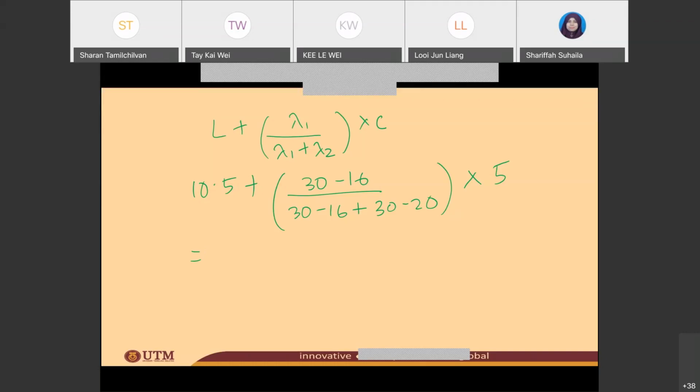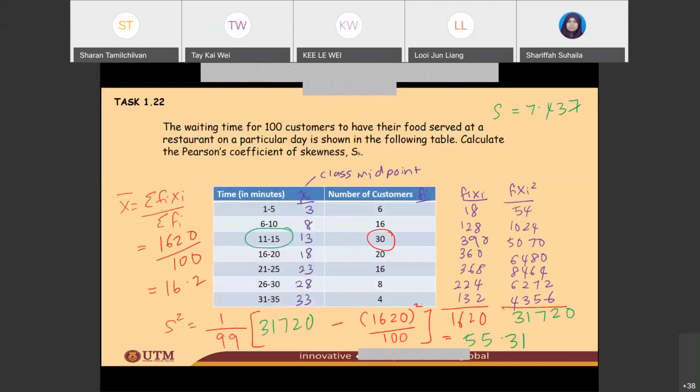Okay, do you get the answer? What is your value for your class mode? 13.42. Okay, your class mode is 13.42. Now we answer back the question. You want to calculate the Pearson coefficient of skewness.